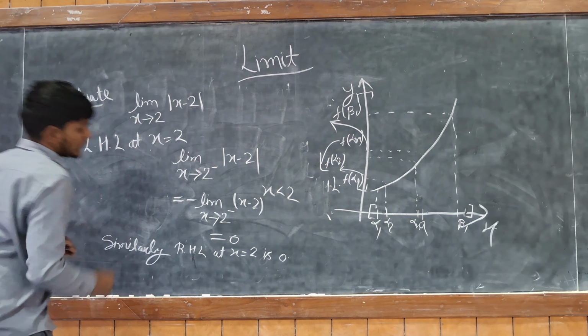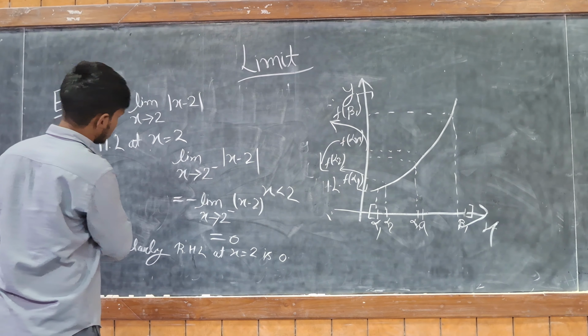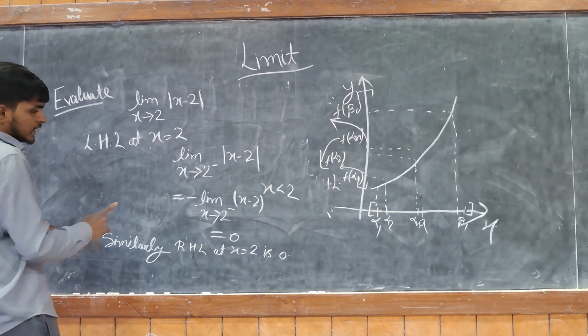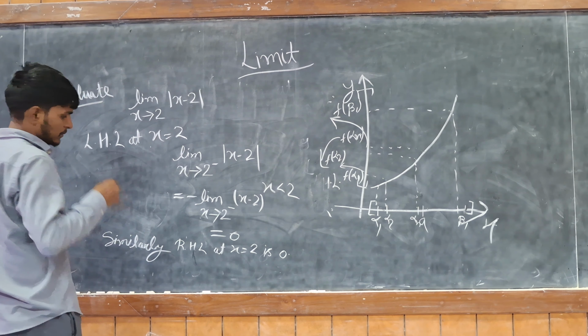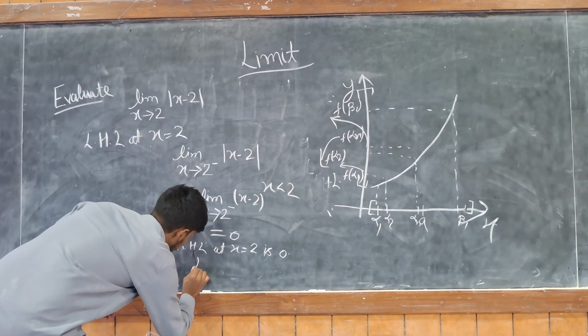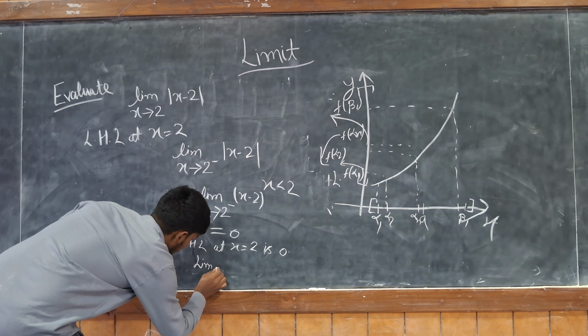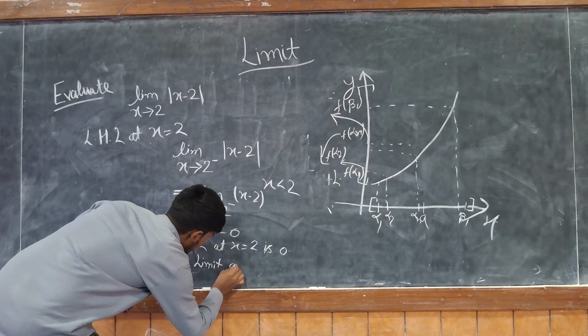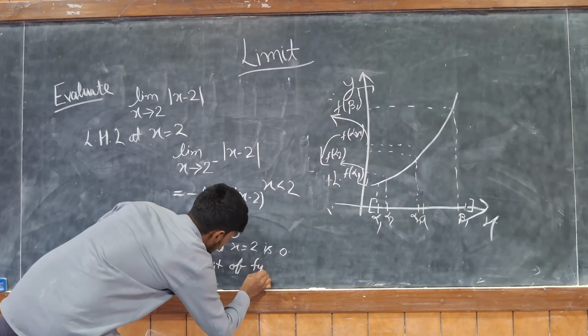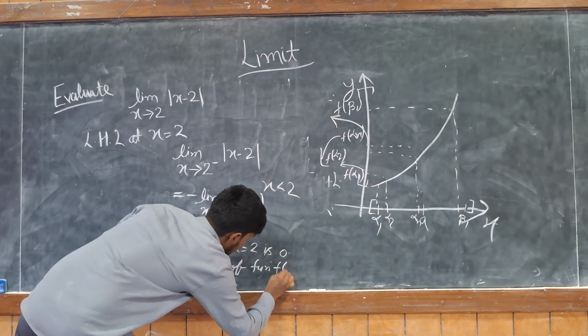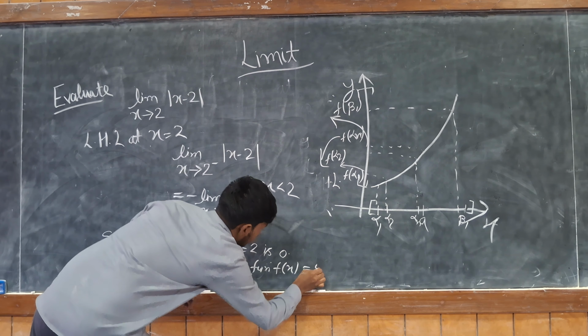So we can see that the left hand limit and right hand limit both exist and are equal to 0. So we can say that the limit of the function f of x equals 0 at x equal to 2.